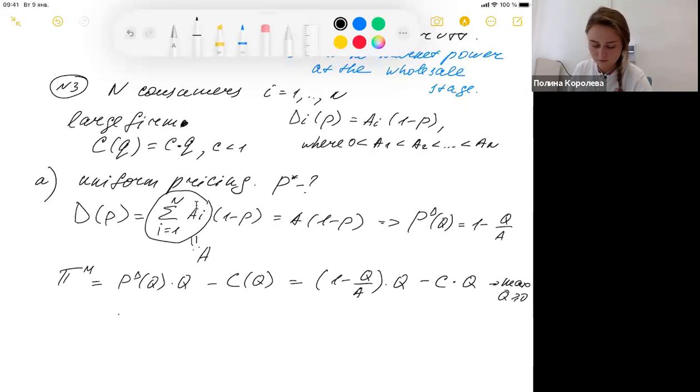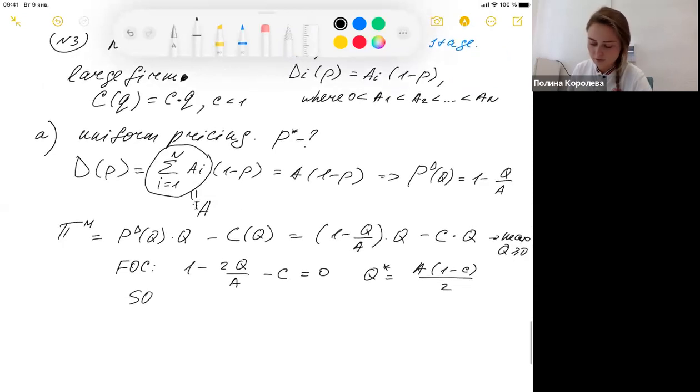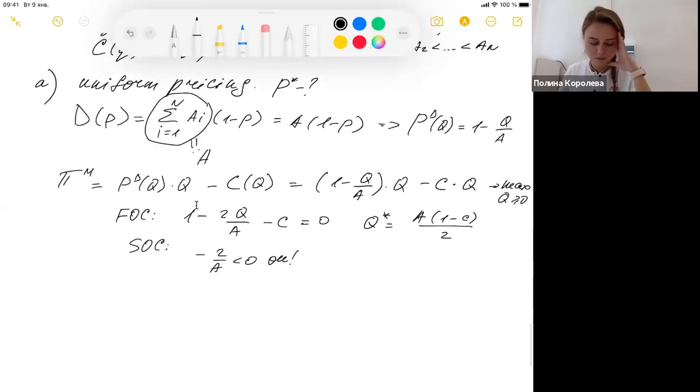First order condition, first derivative: 1 minus 2Q over A minus C should equal 0. So from here, the monopoly will sell to all consumers A(1 minus C) over 2. Now check the second order condition: minus 2 over A less than 0, okay. So it is a maximum, and shutdown is also okay.